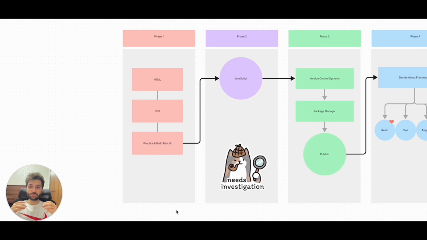With HTML and CSS, you can, for example, build buttons, images, headers, footers, or anything else that you can see in the UI. You can make them with HTML and CSS.